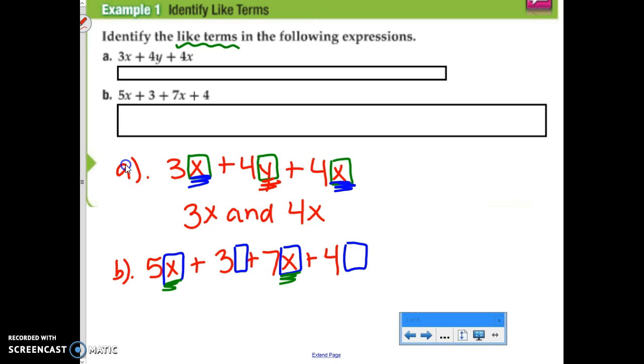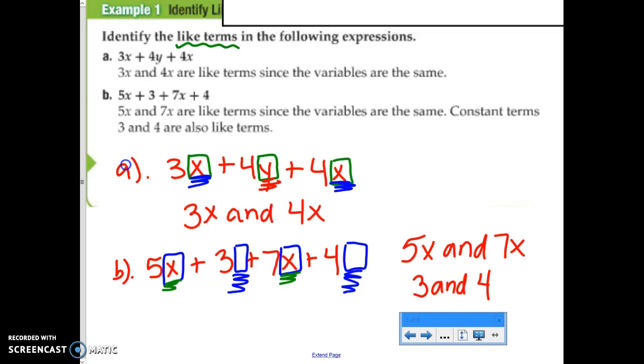So I know that 5x and 7x are like terms. Then I'm going to come here and say, I have nothing after this 3 and I have nothing after this 4. Those two numbers are constants. And since they technically match and there is nothing after them, 3 and 4 are considered like terms.